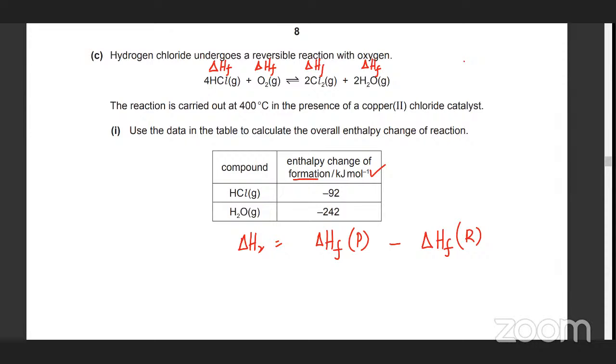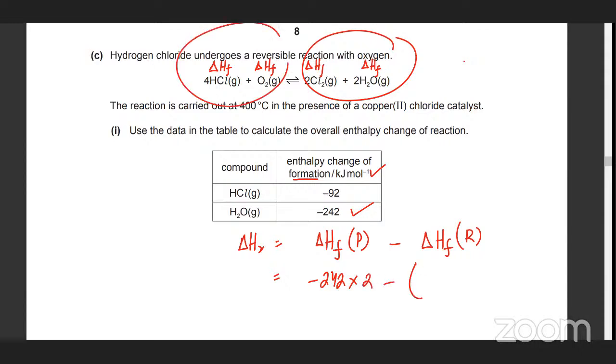Try doing that. The product Cl2 is 0, so it's just 2 water molecules, that's minus 242 multiplied by 2, minus the reactants. The reactants are HCl, so that's minus 92 times 4, and O2 is 0.